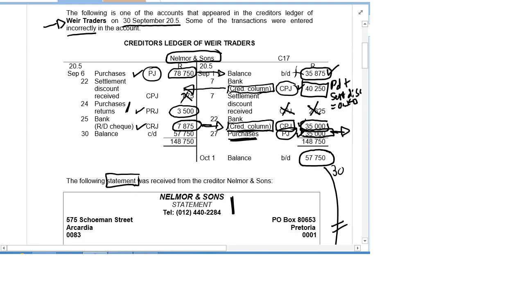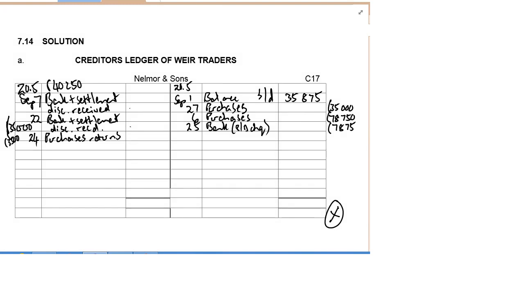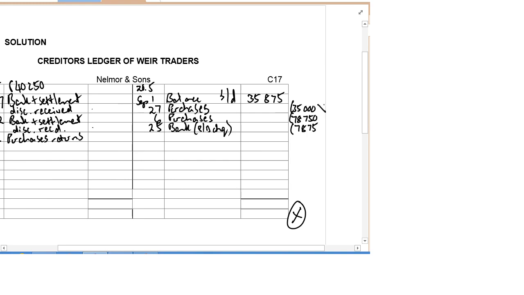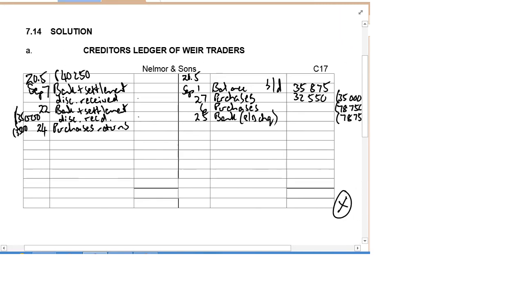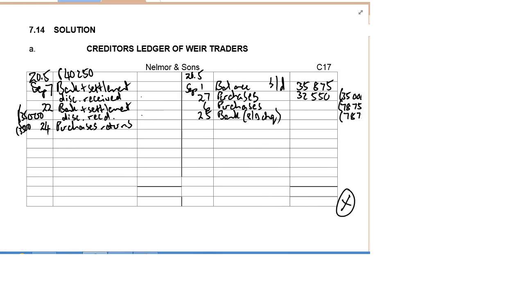So what that's telling me is that that 35,000 needs to be reduced. So I have to take that 35,000 and multiply it by 93%. That means I'm subtracting 7%. So 35,000 minus 7% is going to give me 32,550, and that's the actual amount for the purchases after the 7% trade discount. So I'm correcting that amount.